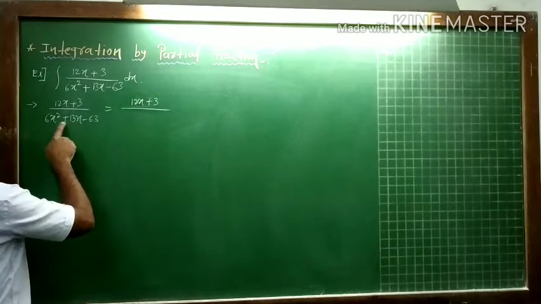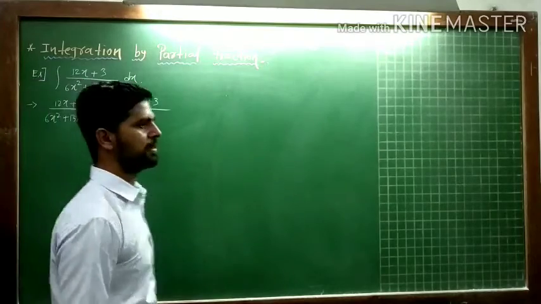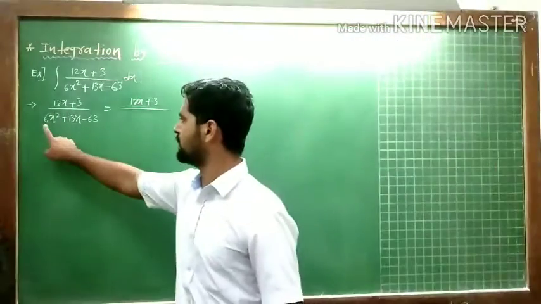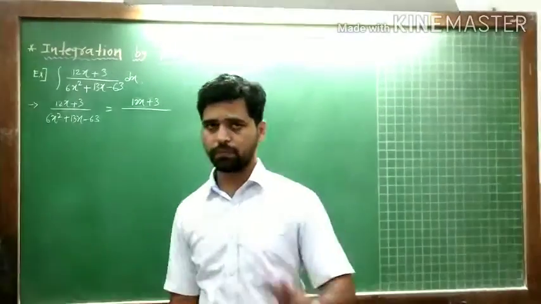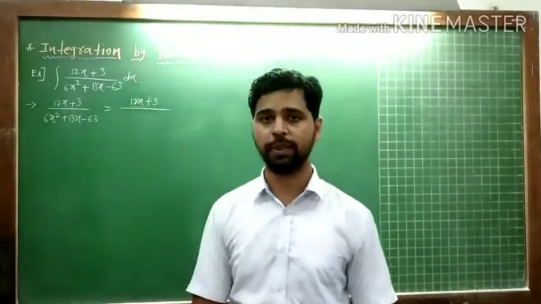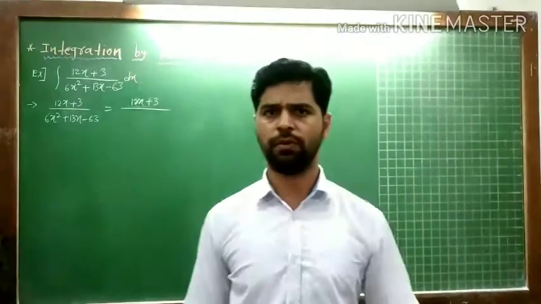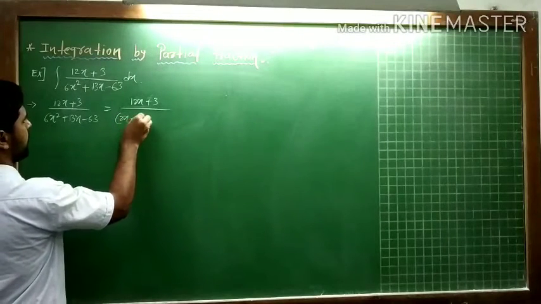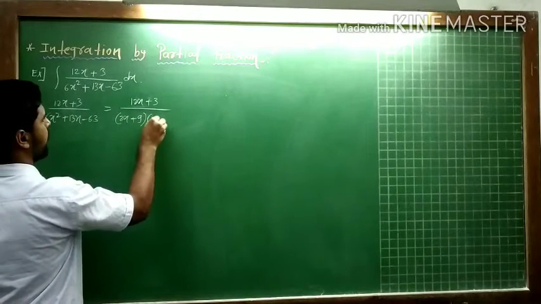This is the quadratic equation that is given. The product of the two numbers is 63 into 6 and their sum should be 13. So I find the factors, which are 2x + 9 and 3x − 7.